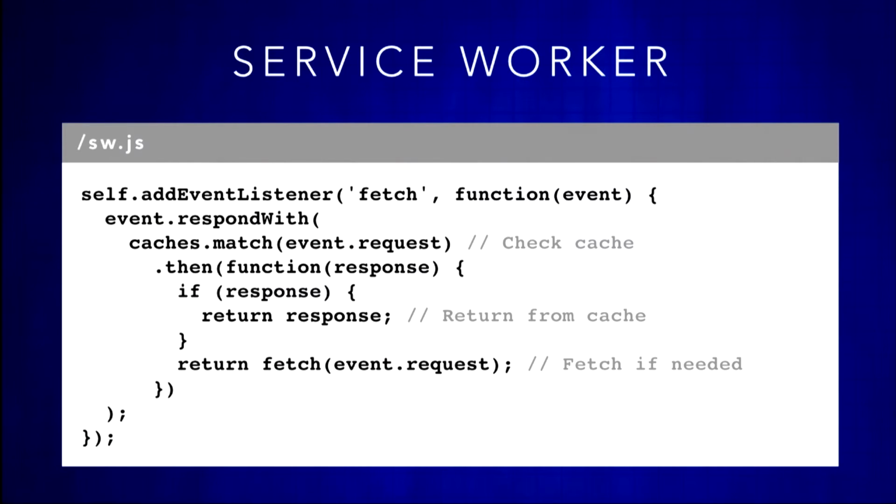Here's an example of a service worker that's listening for the fetch event, and you can customize the code that happens inside this listener. This one is checking the caches to see whether they have a match for the request, and if so, the cached result is returned. If not, the network fetch proceeds. You can also do fetch first and fall back to cache.